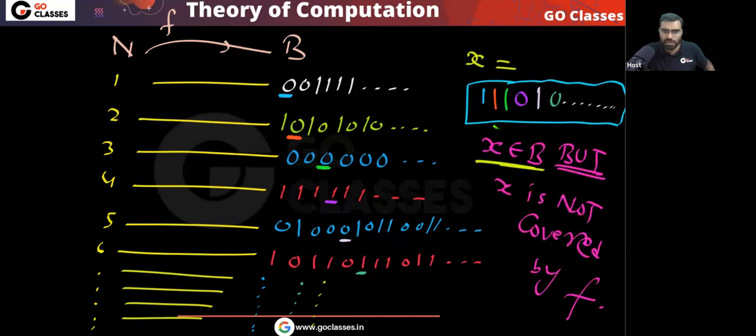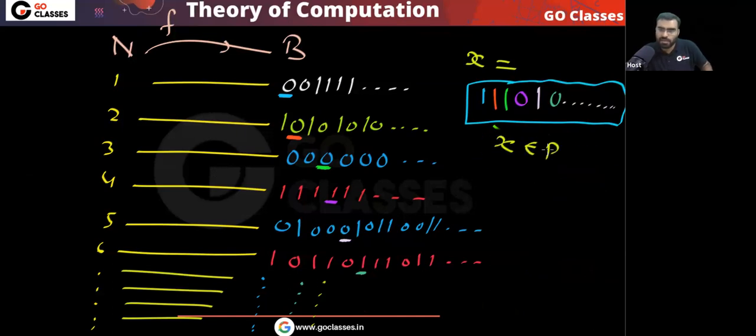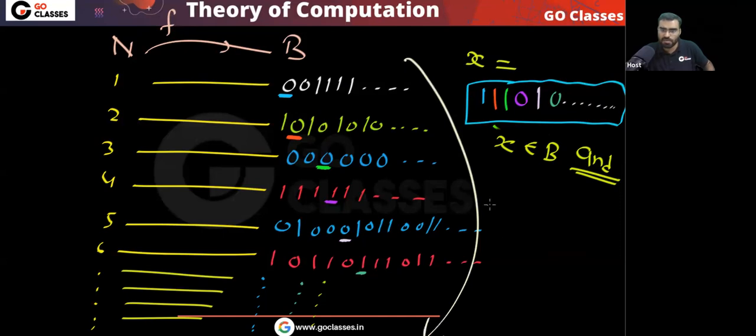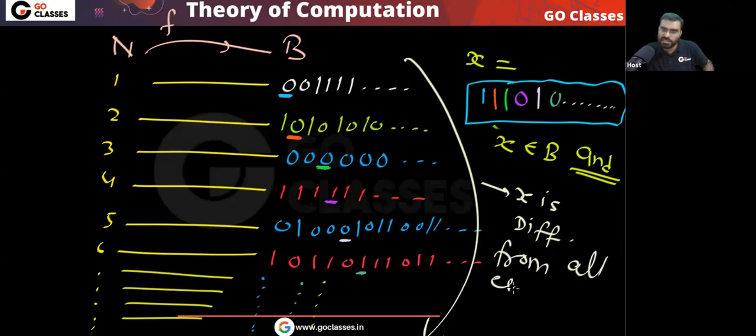Okay, X belongs to B, but X is not covered by F. I can also say that X belongs to B, and X is different from all the elements in this sequence.